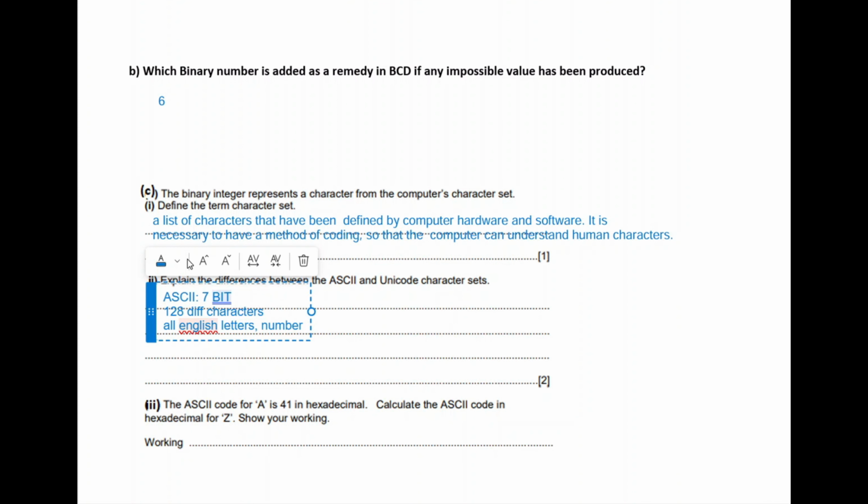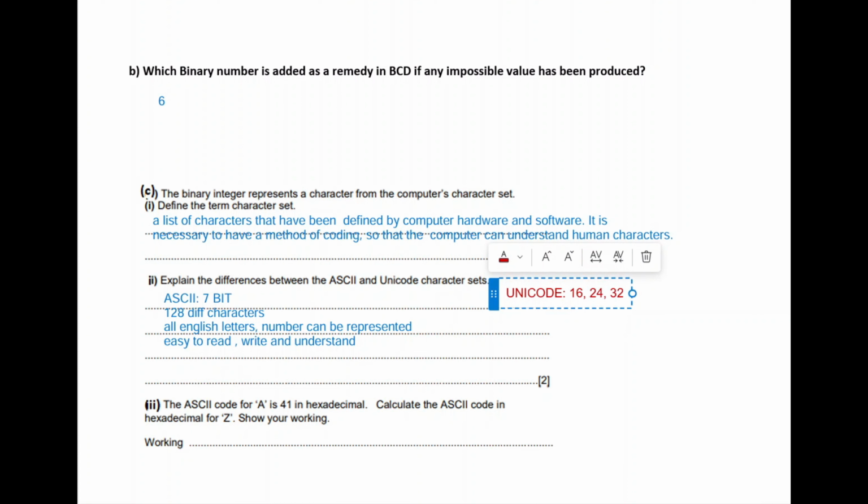Whereas your Unicode is universal code. It could be a 16, 24, or 32-bit character, and it can represent different characters between the range of 65536 to 4294.